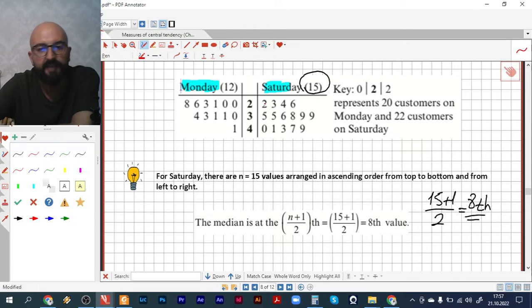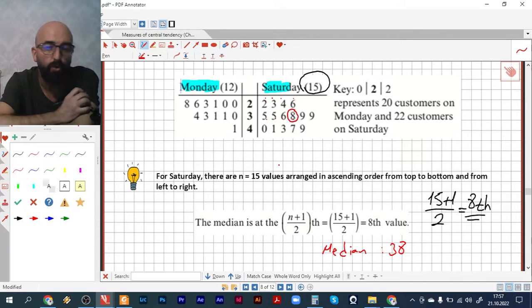You can start from this value: 1, 2, 3, 4, 5, 6, 7, 8. So this data is the median. So our median is 38.